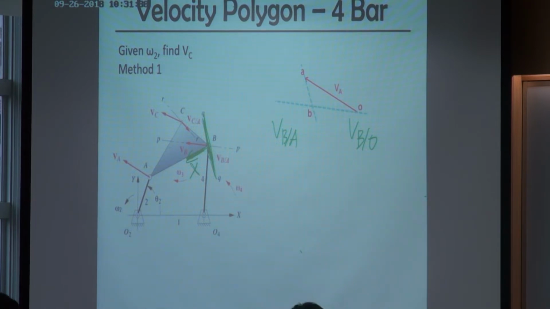So by doing so, we can find the magnitude of VB and VBA because we already find the point B in this velocity diagram.